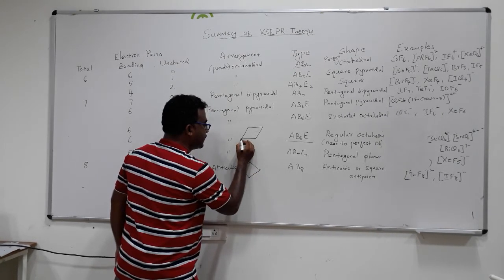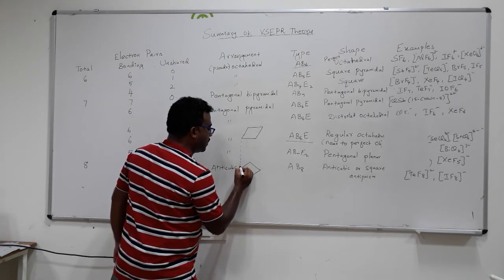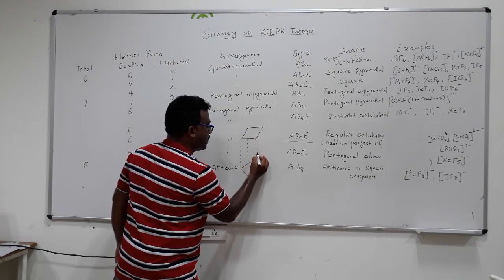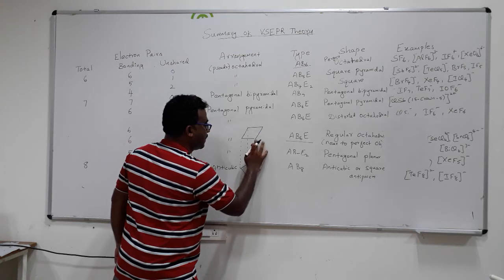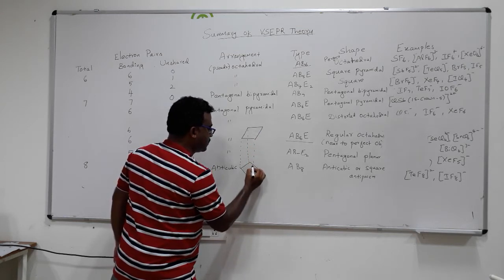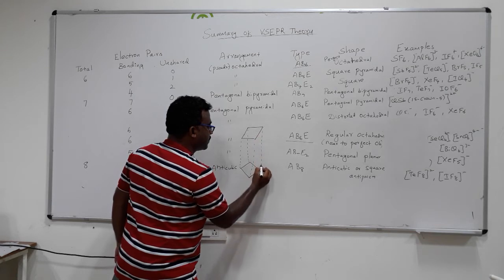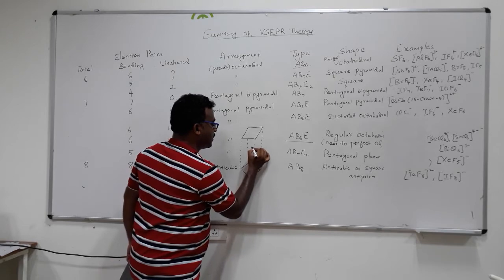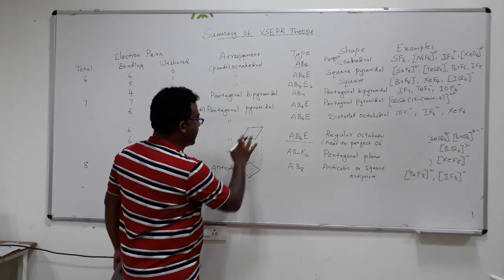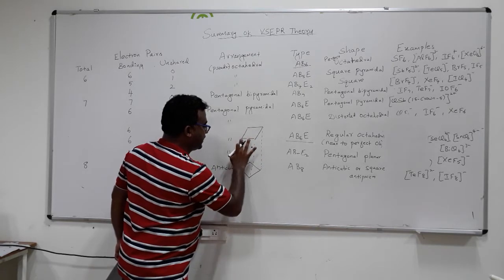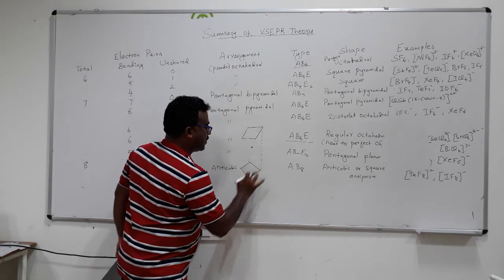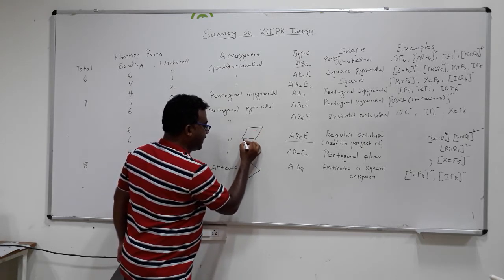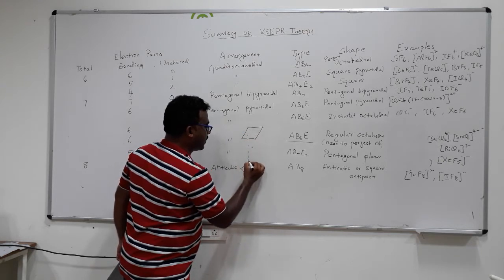If you connect that, you will get the antiprism here. If you keep an atom here, then you will get a square antiprism. Sorry, it's not directly connected. You have to connect in a different way. I'm wrong actually. You have to connect in this way.